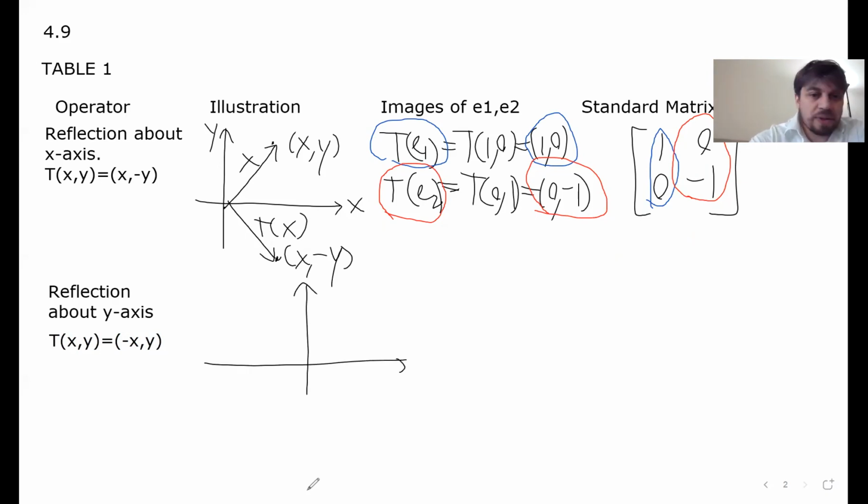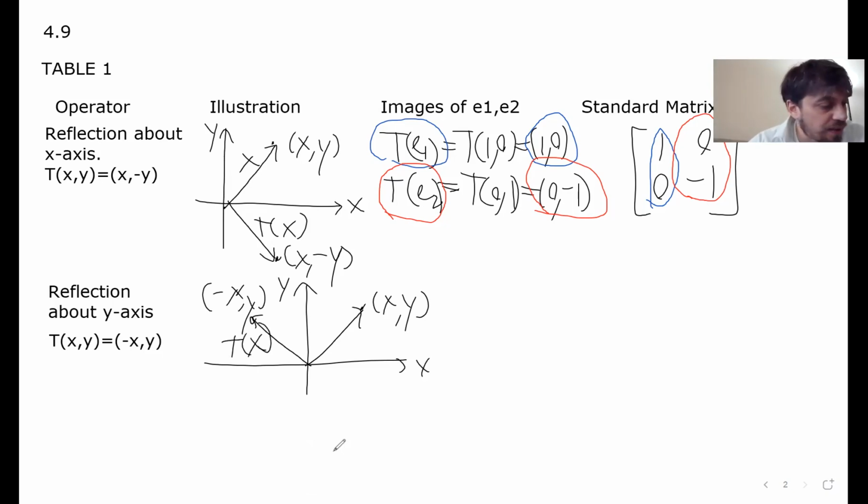So if you have your x-axis and y-axis, and you have vector x represented by the point x comma y, and you reflect about the y-axis, then its new coordinates are negative x comma y. So that's the new vector T of x.